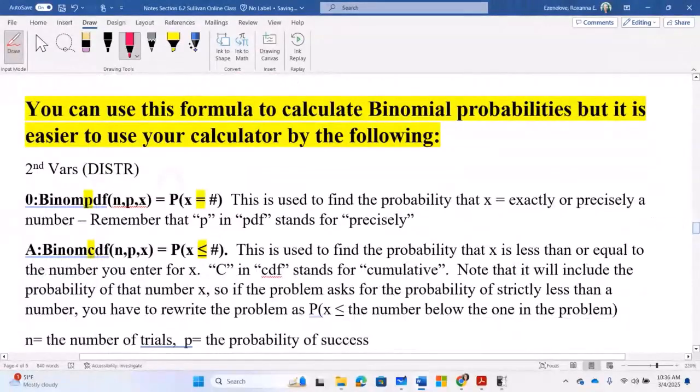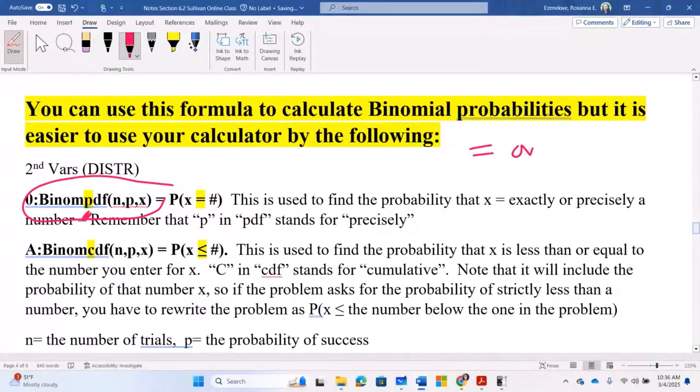Whenever you are using binomial PDF, be careful. If you're using binomial PDF, it means you're looking for a single probability. Equal sign or exactly, probability in binomial is PDF. You use PDF for this, binomial PDF.